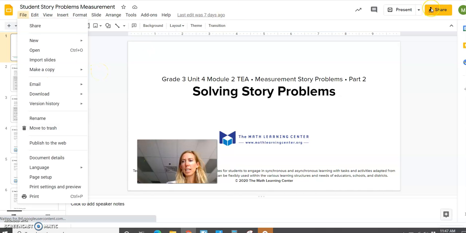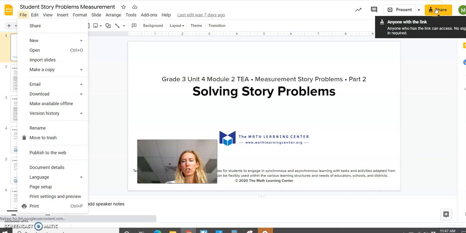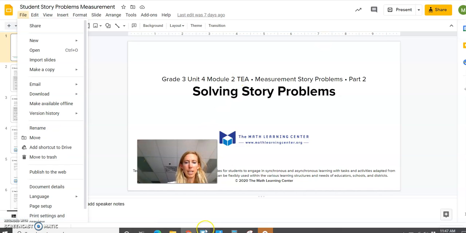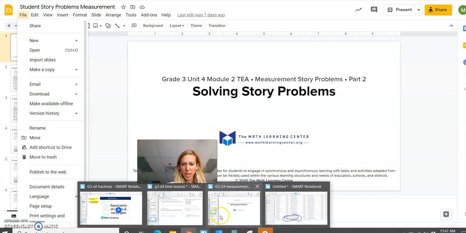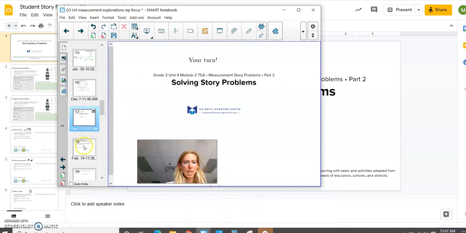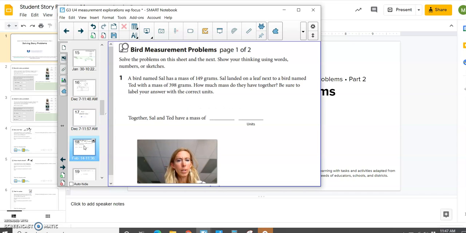And then you're going to get the share link, and you're going to share this link with the kids in Google Classroom for them to do themselves. And it's very similar to what we just did. If you're like, no, I do not want to go there on Google Classroom, then you can just give out PDFs, worksheets, and these are the same problems, all right?